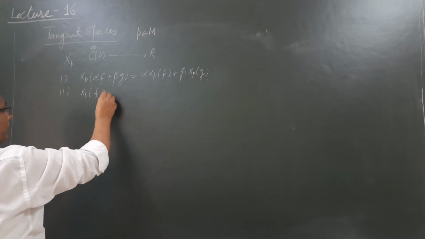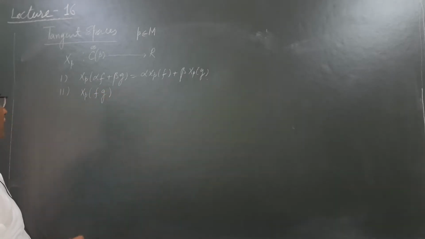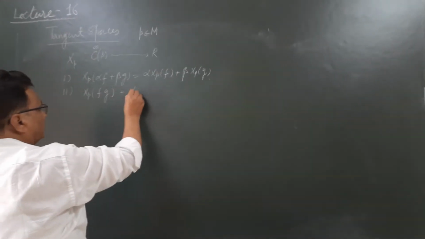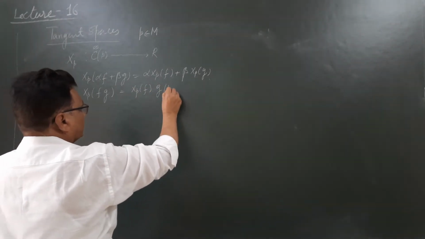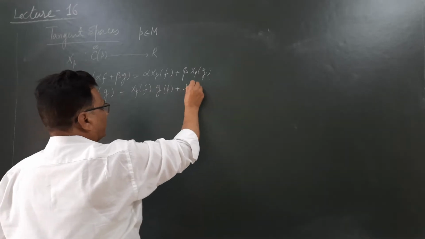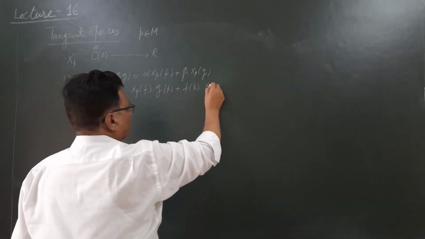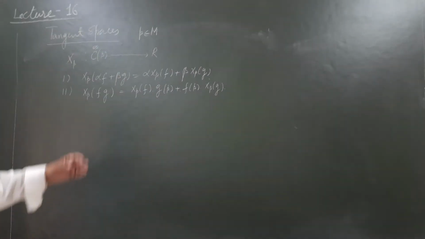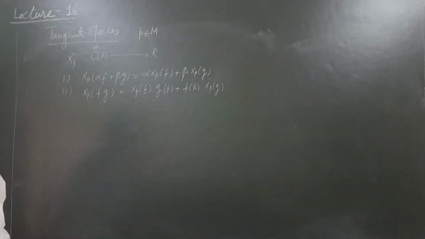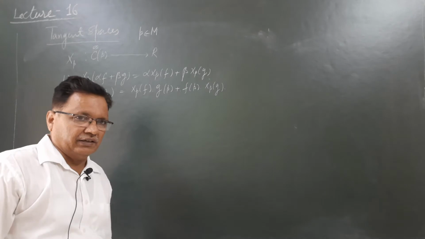It says that when it operates on the product of two real valued functions, it gives you X_p f into g(p) plus f(p) into X_p g. Any map on C infinity P satisfying these two properties is called a tangent vector on a manifold.